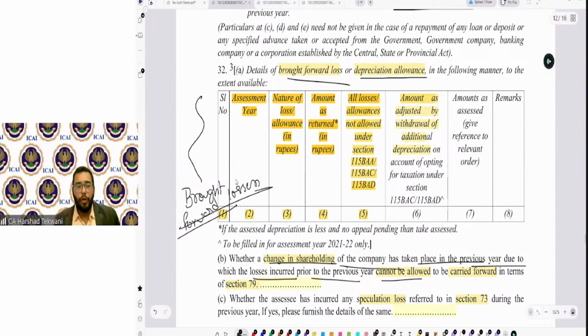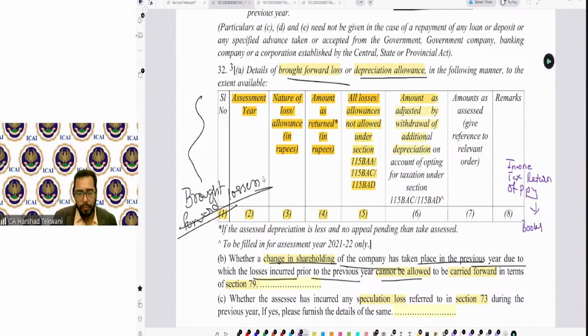Now these things you can verify from the income tax return, okay, of previous years, preceding previous years. You can verify from books of accounts. So from there you can identify, is there any loss that is required to be brought forward or depreciation allowance?